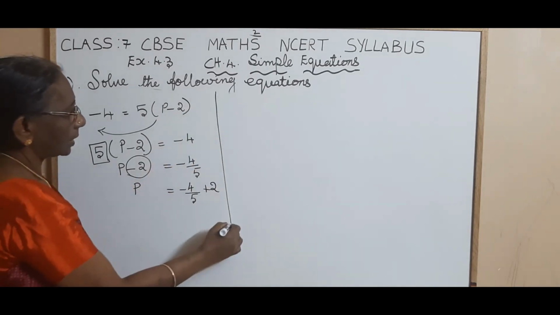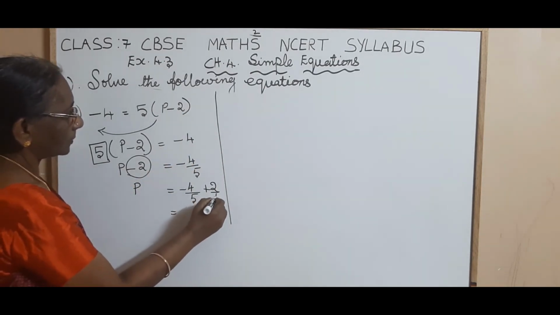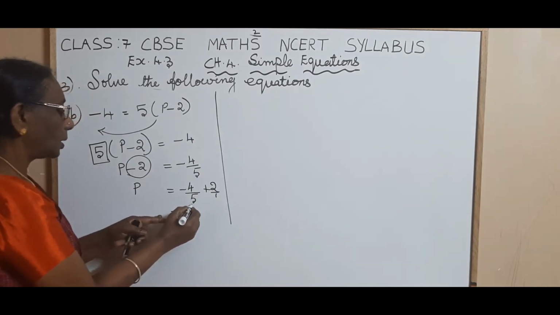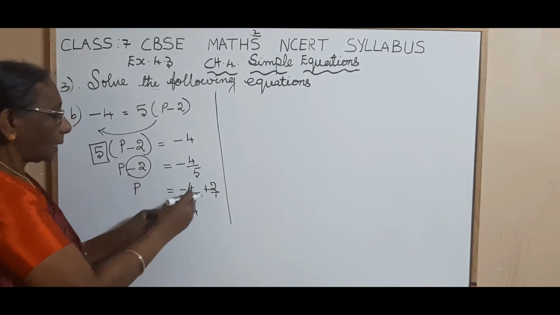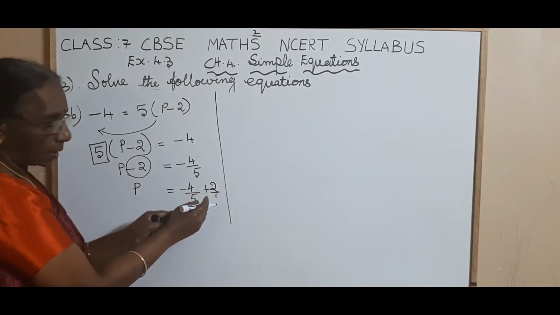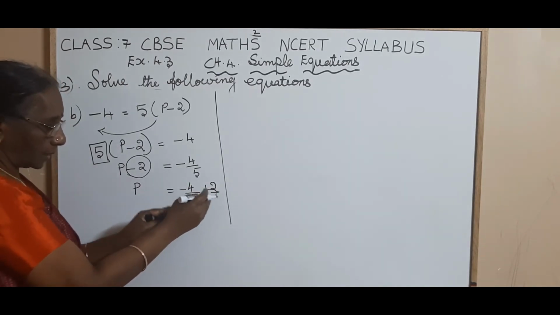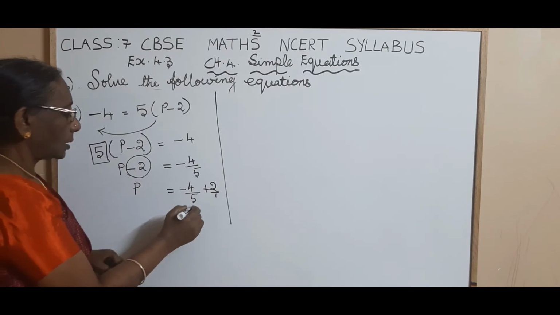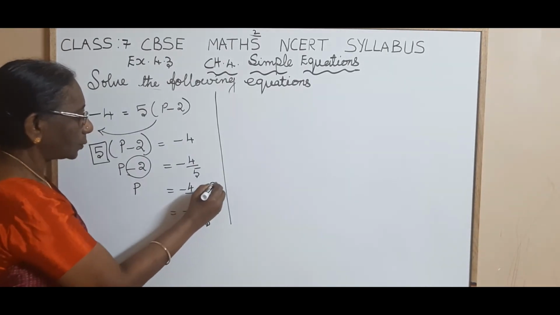Now you take the LCM. 5 here, 1. Or straight away you can write minus 4 when you are adding a fraction and a whole number. Here you are adding two rational numbers. So when you are doing this type of addition, you can write 5 as the common factor and 5 2s are 10.